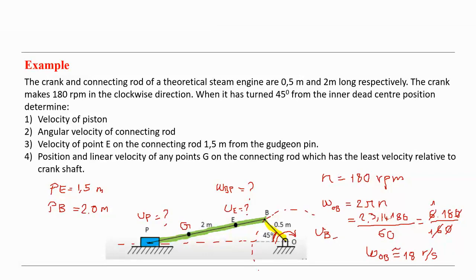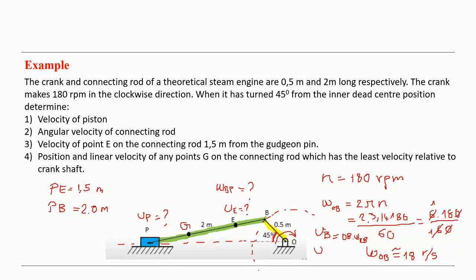So VB is equal to the length of the crank arm OB times omega OB.